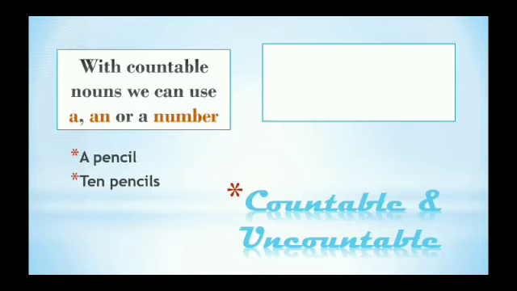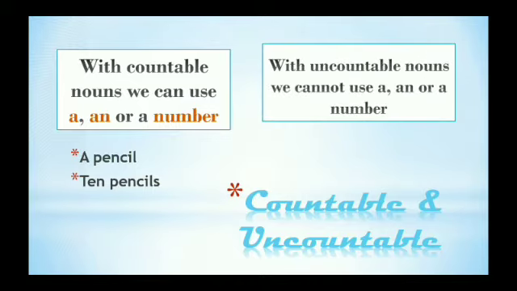With uncountable nouns we cannot use a, an, or any number. We cannot use them. Examples: a wood. It's a wrong usage. We cannot use a wood. It's just wood. Second example: 10 woods.